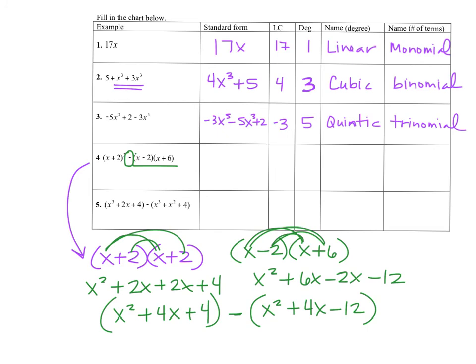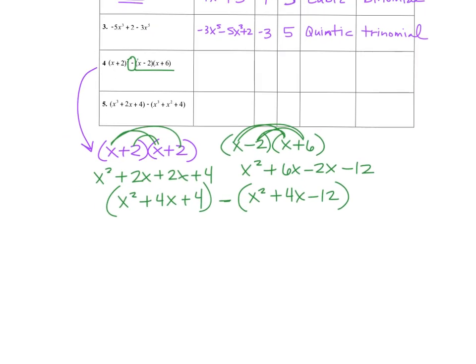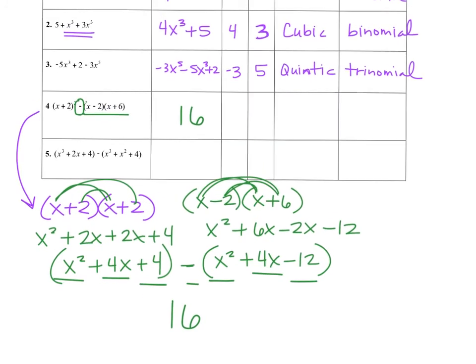Now we simplify. What do you get? What's x squared minus x squared? 0. What's 4x minus 4x? 0. What's 4 minus a negative 12? 16, right? So that is your standard form. That whole thing comes out to 16. Isn't that crazy?